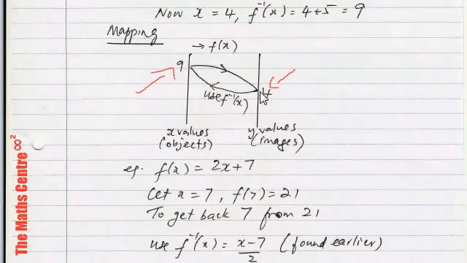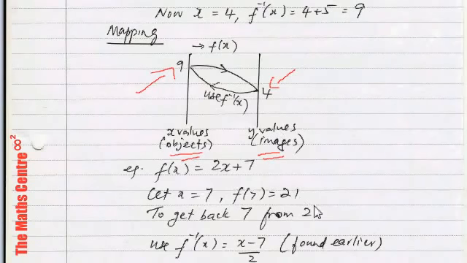If you want to go from 4 back to 9, we need to use f inverse x. That's the idea. Along here we have the x values, along here we have the y values. I've given you the names earlier. X values are referred to as objects and y values are referred to as images.